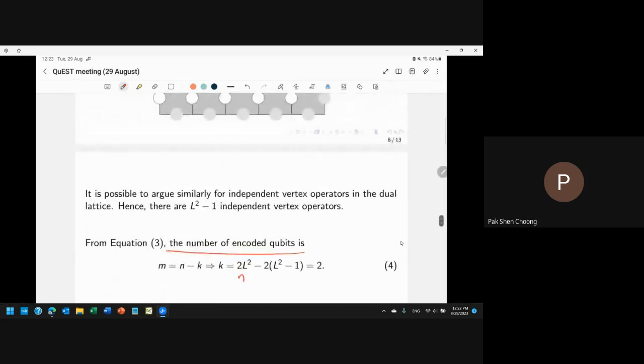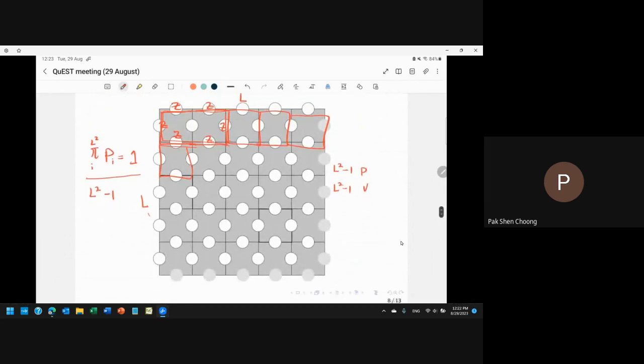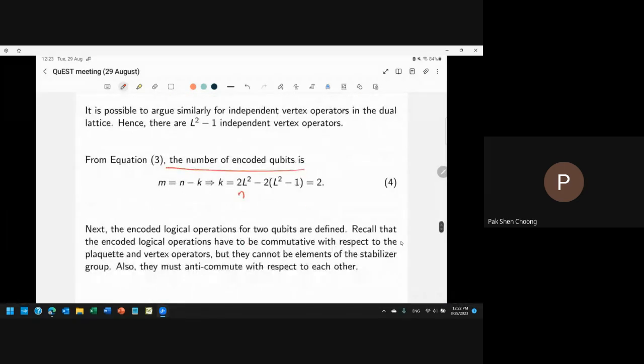You can see by here, over here you have L qubits, and you need to times L. And over here you have another L qubits, and you need to times L. So you have 2L squared physical qubits. And then your number of generators is 2 times L squared minus 1. If you perform this calculation, you get 2.